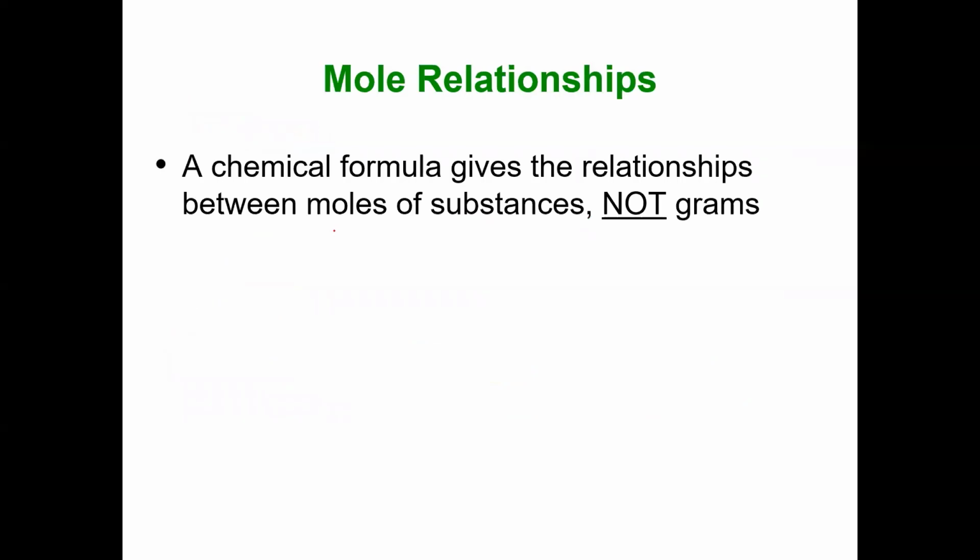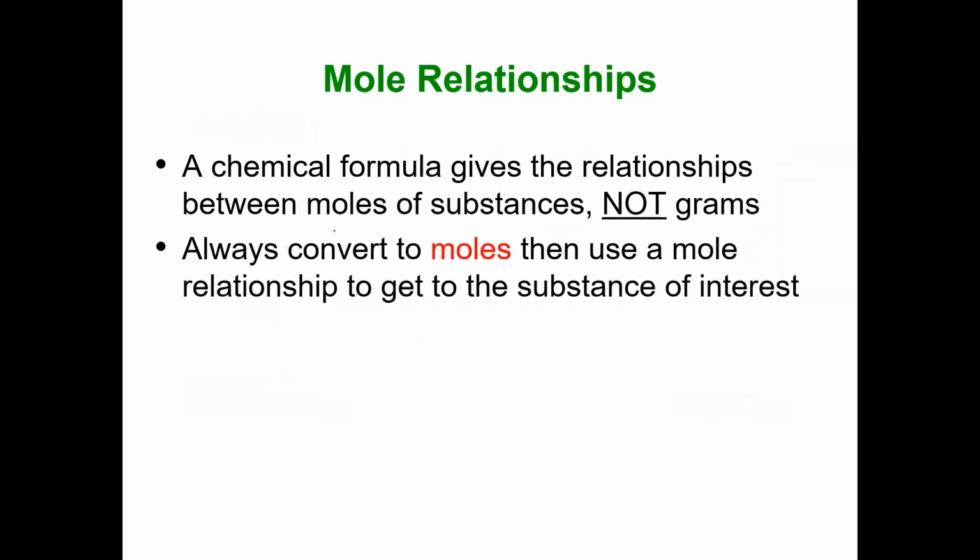So a chemical formula gives the relationships between moles, but not grams. It's a mole relationship. The reason it doesn't do grams is because each atom has a different molar mass. Okay. So we can always convert to moles and then use a mole relationship to get what we need.